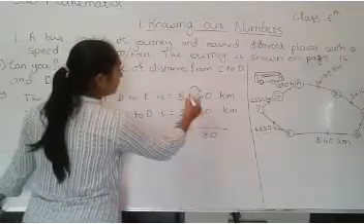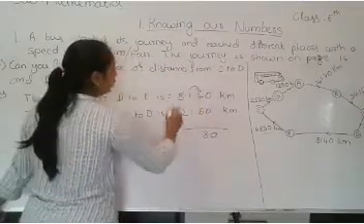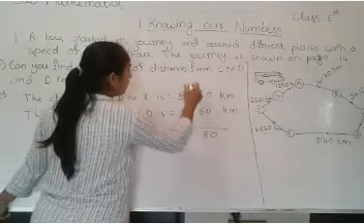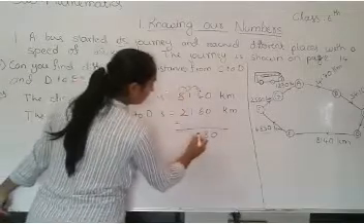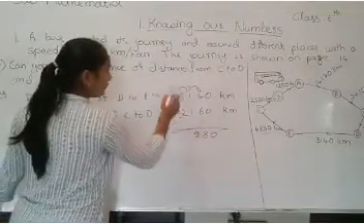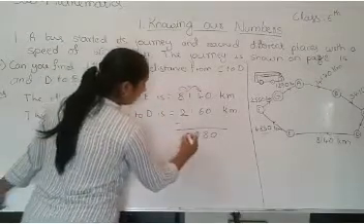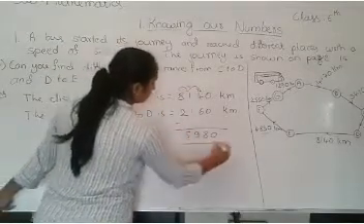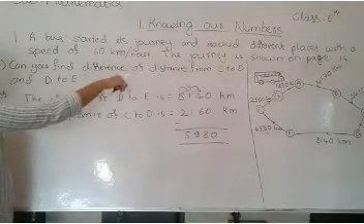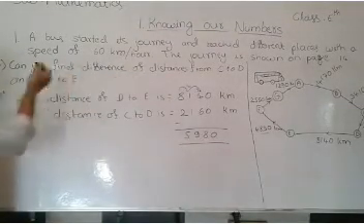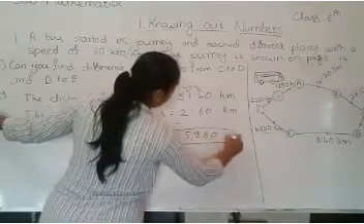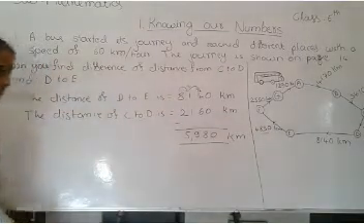Yes, here 0 is there, no? That's why you have to take again borrow here to here. Here 10 is there. 10 minus 1 is 9. Yes, here how much remaining? 7 is there. 7 minus 2 is 5. Yes, therefore the difference of distance from C to D and D to E is 5980 kilometer. Okay, can you understand?